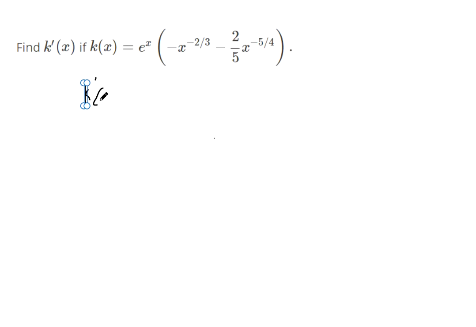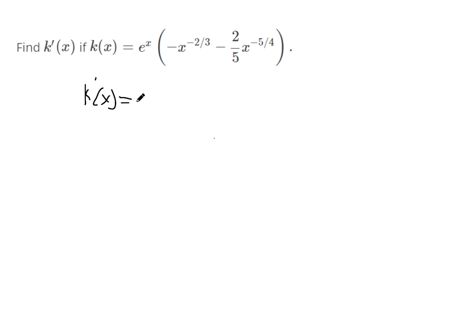So this one's a little bit different though. This one we're going to need to use the product rule because this is a function of x and this is a different function of x.